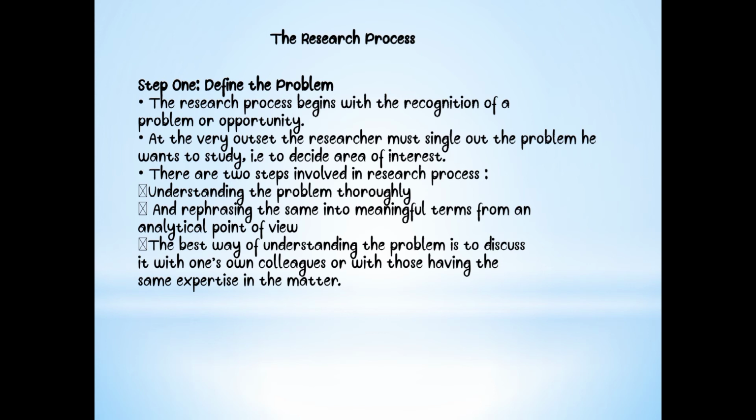There are two steps involved: understanding your problem thoroughly and rephrasing the same into meaningful terms from an analytic point of view. The best way of understanding the problem is to discuss it with one's own colleagues or those having the same expertise in this matter.